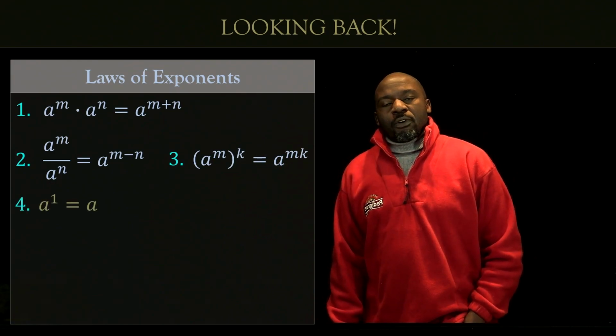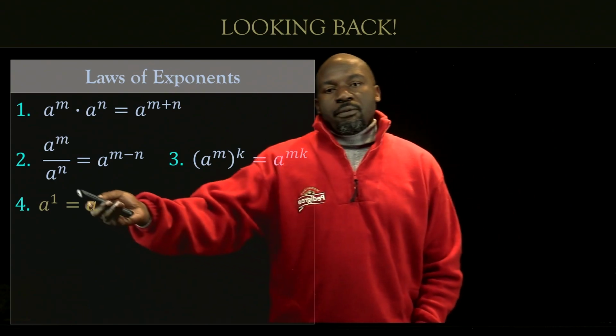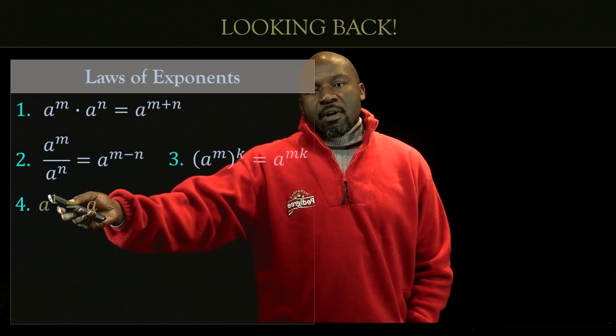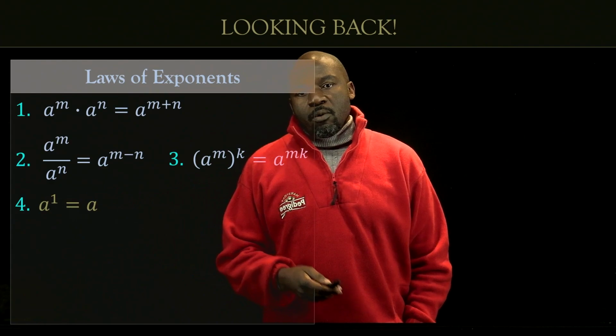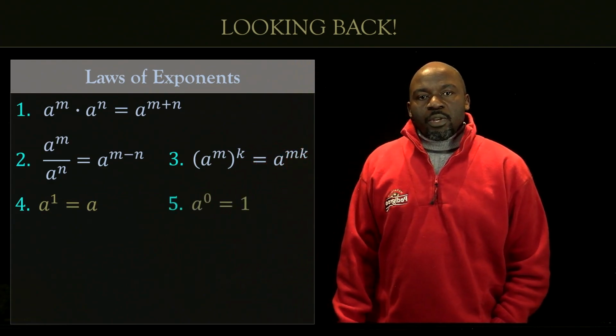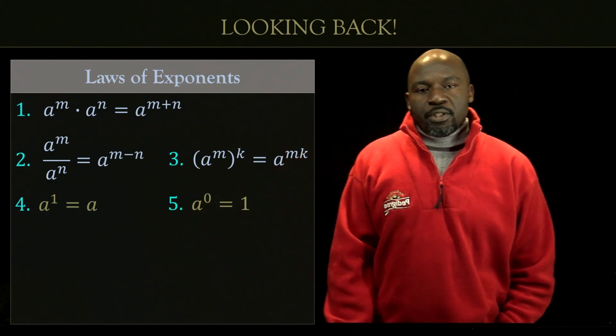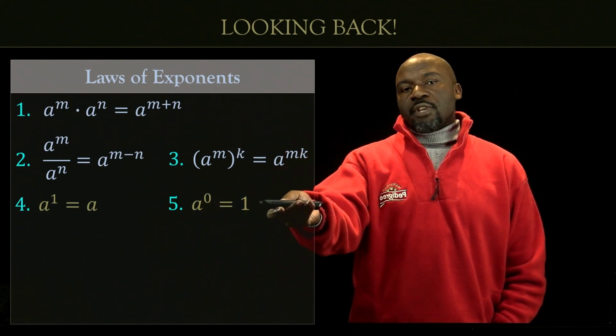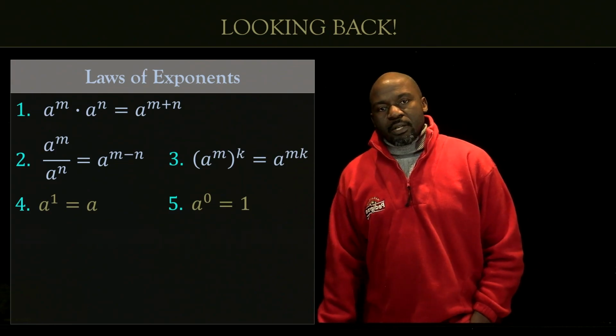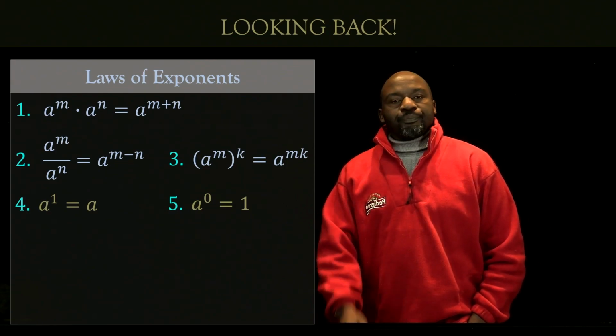And law number 4 is that any number to the power of 1 is always equal to that number. And going with that law is also that any number to the power of 0 is always equal to 1. Of course, we had to prove that A power 0 is always equal to 1.